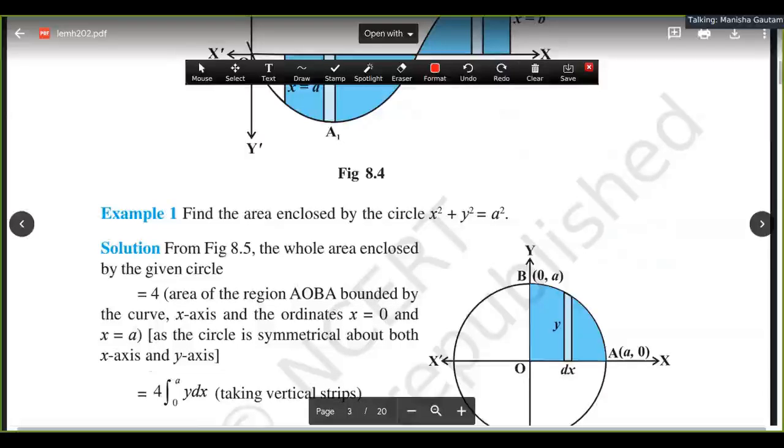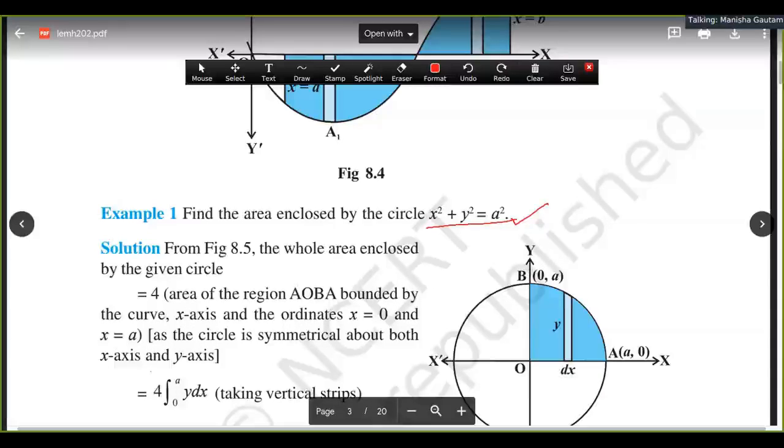Find the area enclosed by the circle x square plus y square is equal to a square. Now you must know this is the equation of a circle. You have to plot a rough graph and calculate the area enclosed by this circle.